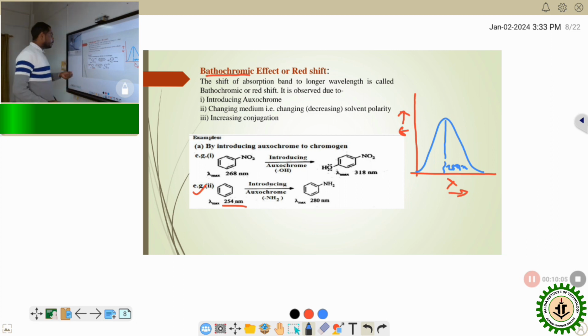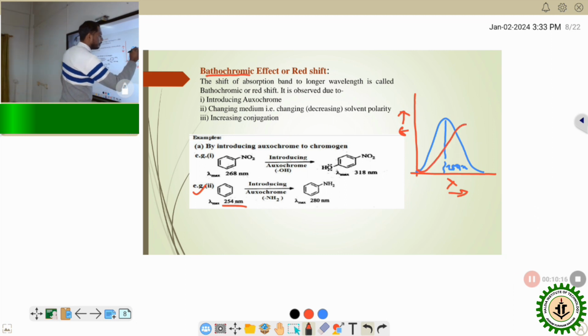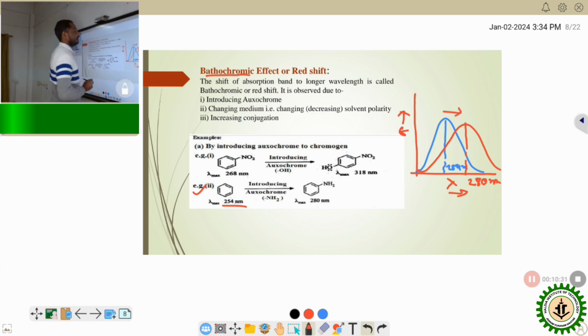But in the presence of an NH2 functional group, it is shifted towards a longer wavelength region, to 280 nanometer. This is known as bathochromic shift.